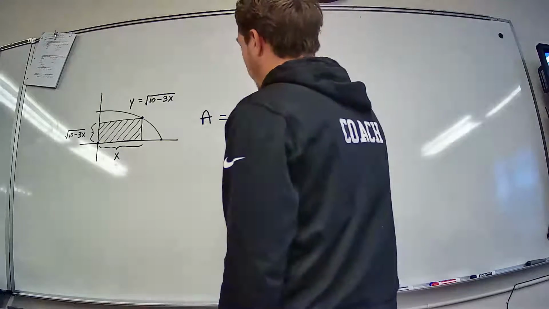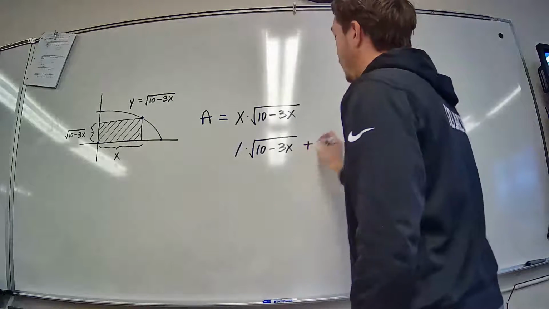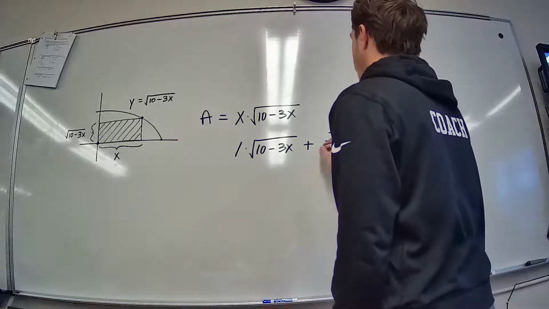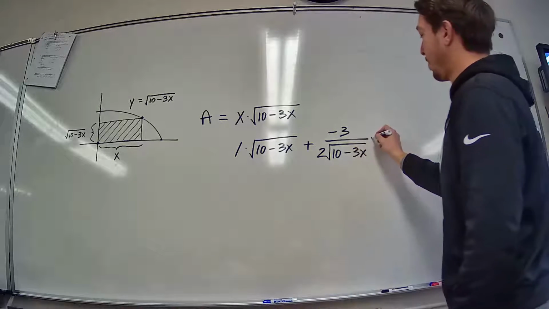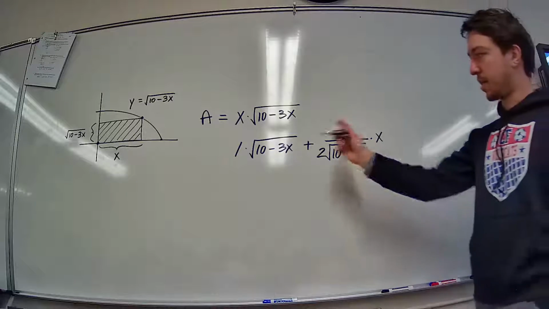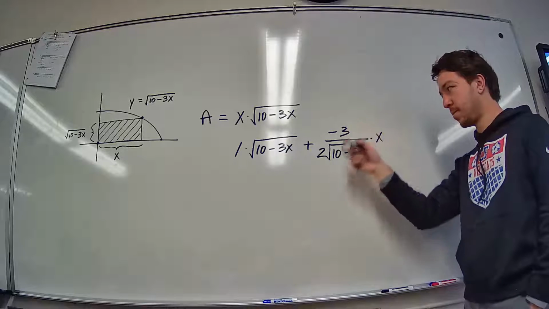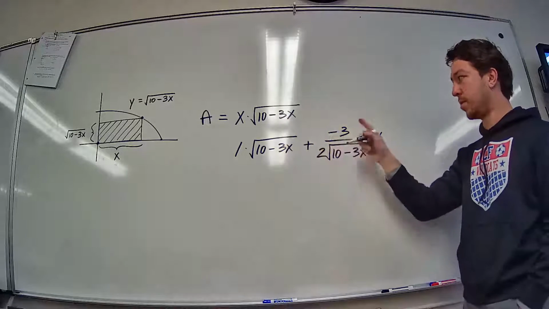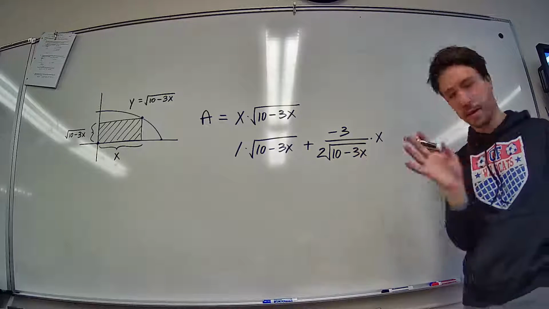A times B. So A prime times B plus B prime times A. So that's the product rule. And what did I do inside the product rule? A little bit of chain rule. I use that the derivative of square root of u is u prime over 2 root u. Everyone's cool with that? Okay.